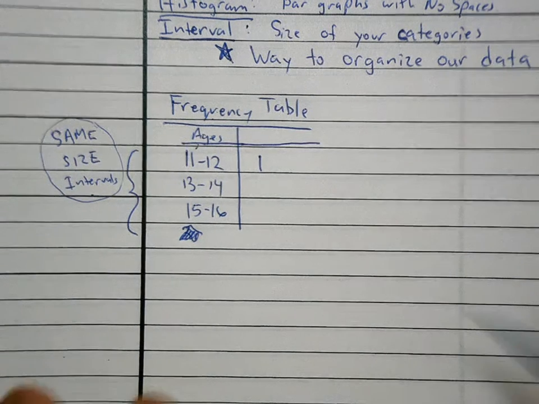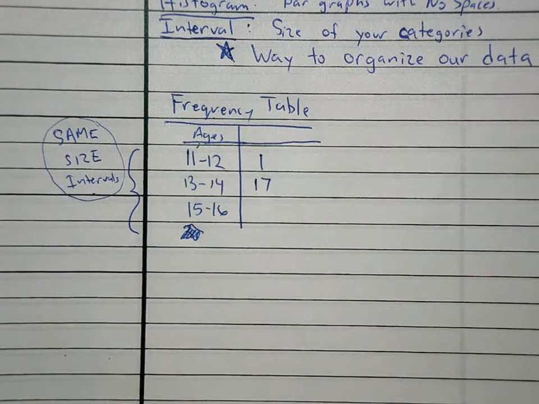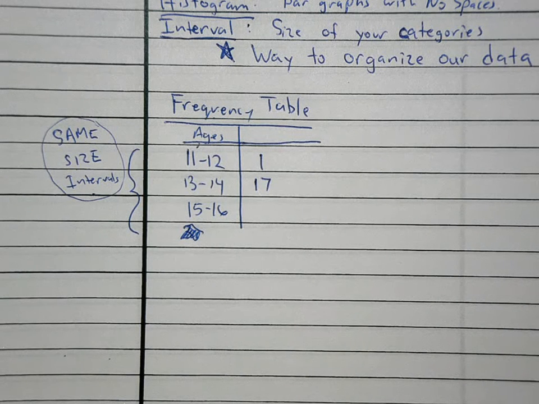That's what we're going to write down. We have 17 13 to 14-year-olds. If you are 15 or 16, please raise your hand. Nice and high. 1, 2, 3, 4, 5, 6, 7, 8, 9, 10, 11, 12, 13, 14, 15, 16. Perfect.